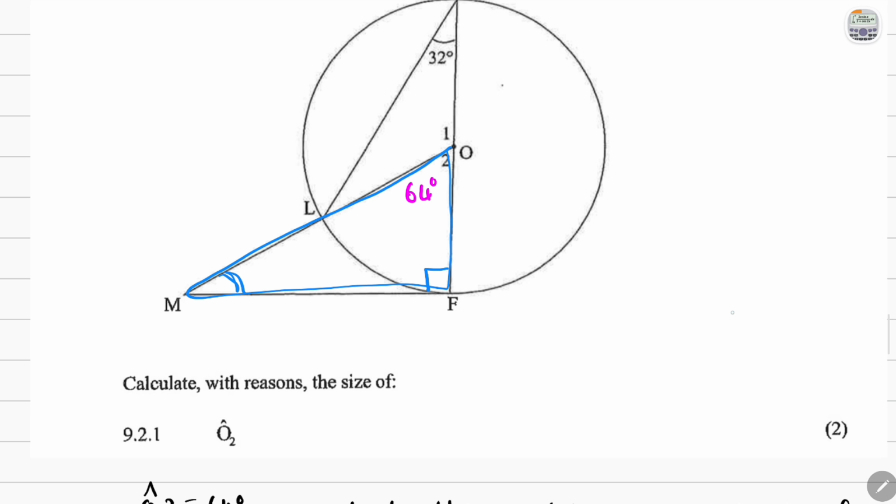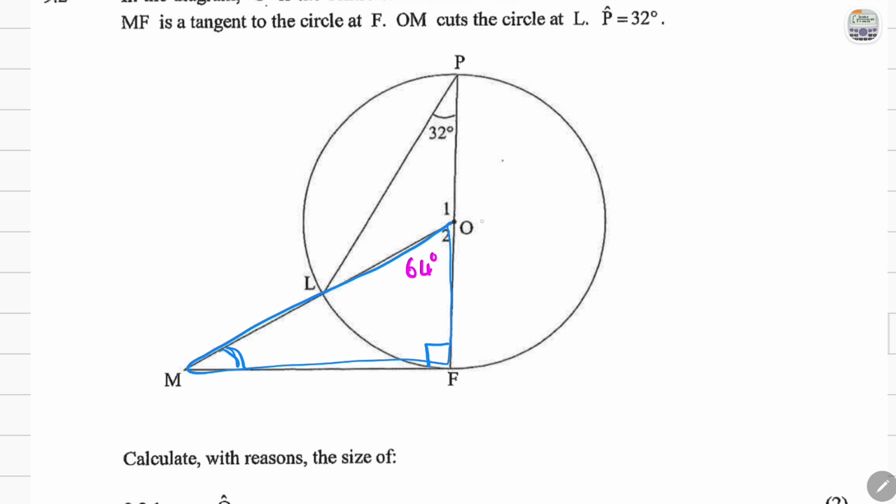Another way you could have found this is by using angle O1, because look at what we have. We have a triangle here, and then angle O1 is created because we extended, or they extended this line. Okay, so this is the exterior angle. So you could have just said, oh, this is 90 degrees, and then we're looking for that.